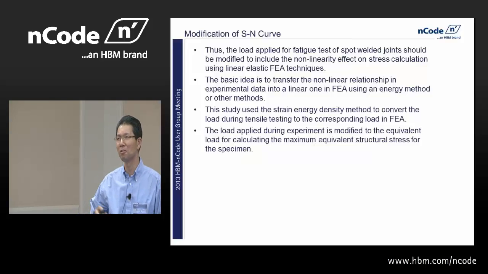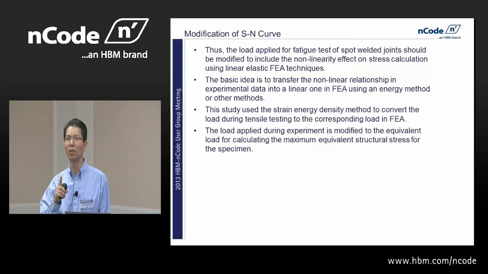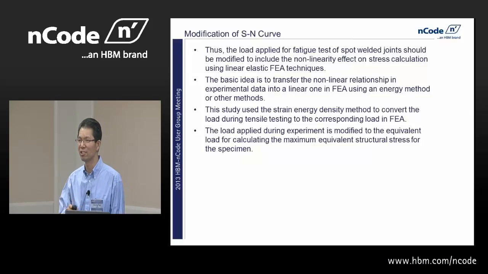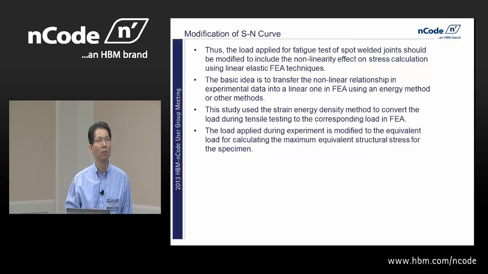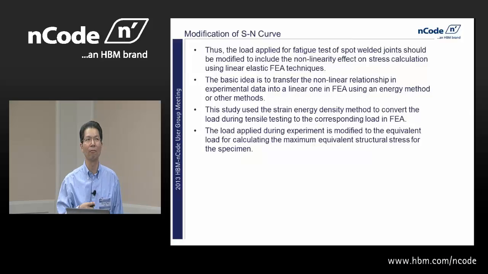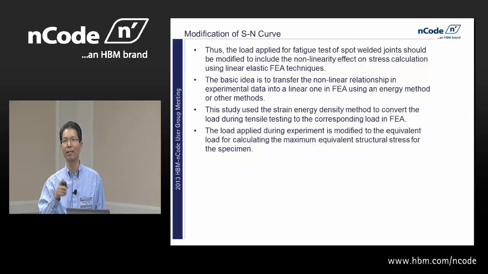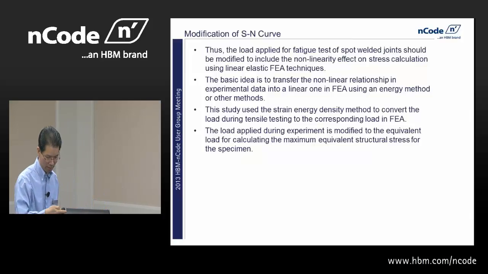It means on the load displacement curve, up to a certain load we are interested in, the area below the actual testing curve and the area below the linear elastic FEA curve are supposed to give the same area, that is the same energy, right? Then we transfer that load to the other side, and that creates a modification of the SN curve point.